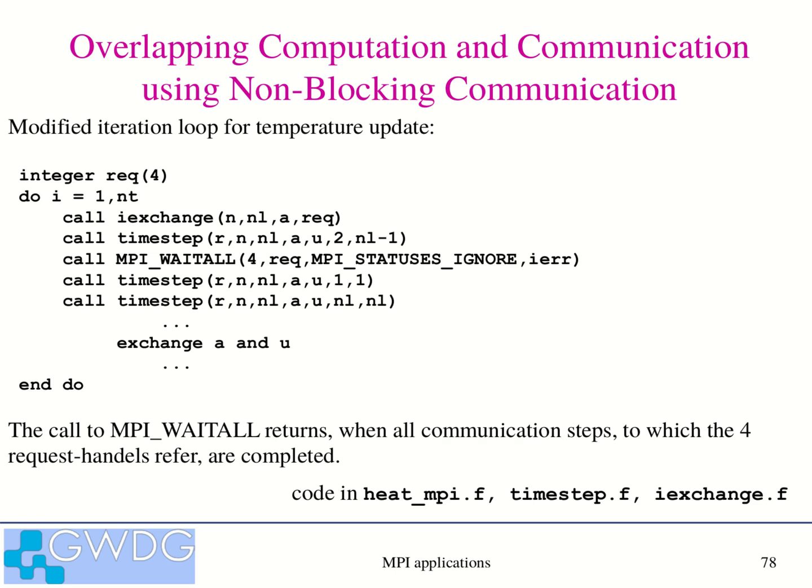Then it will be a bit faster than without this overlapping. I think the code for this two-dimensional overlapping is in the directory Wärmeleitung under the names of heat MPI, time step and I exchange.